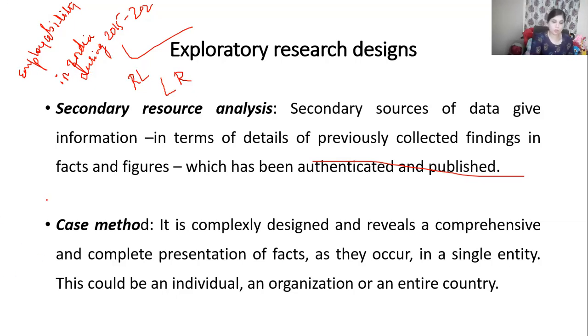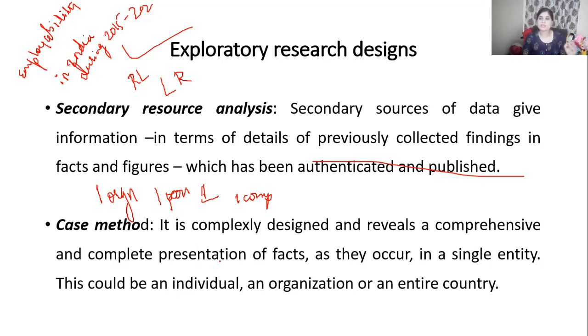Case method is like one organization, or one group of people, or one person, or one company. If I'm talking about one single problem, and I'm studying it in depth, related to that problem, or to one organization, or one group, or one person, it is called the case method.